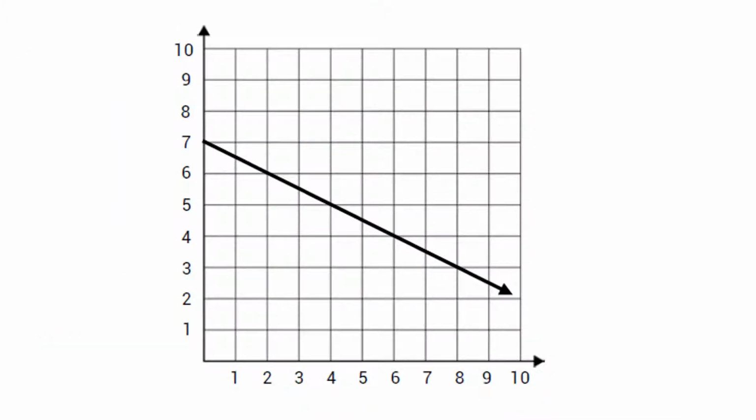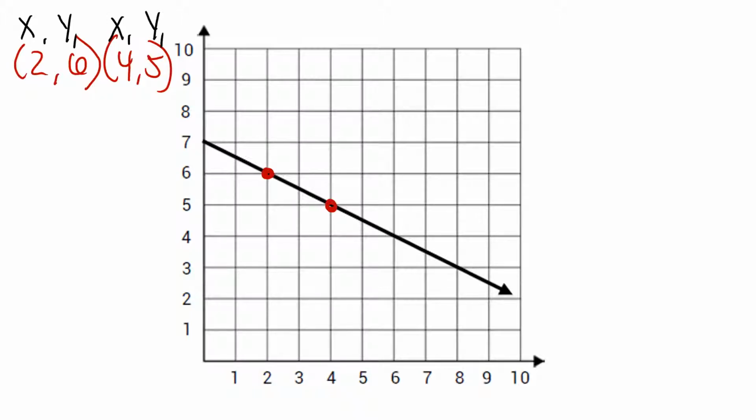For this example, there are no points on the line, so we have to pick 2 points we can read clearly. I can read clearly this point, which is at 2, 6. And I can read clearly this point, which is at 4, 5. Again, you could have picked any points on the graph. I chose these 2 just for this example.